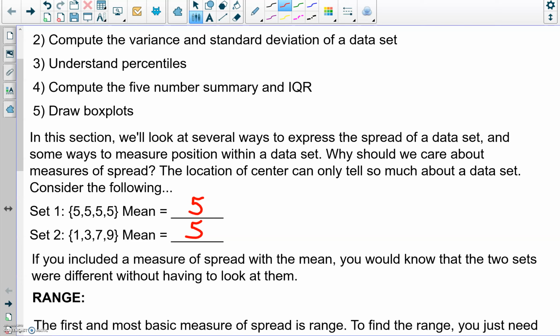And if somebody just came up to you and said, hey, I've got two data sets here. The mean for both of them is 5. You might start thinking, oh, then they're probably similar to each other, and they might even be the same numbers in each of the two sets. So the issue here is that you might think that these two sets are the same based on just the mean.